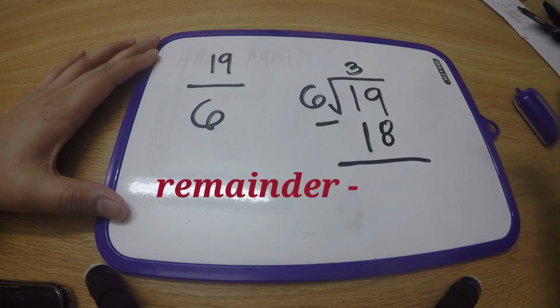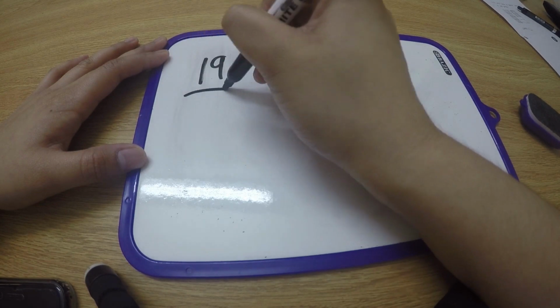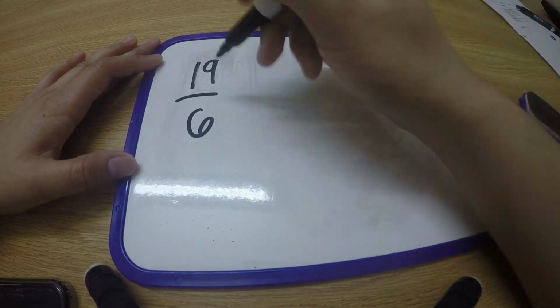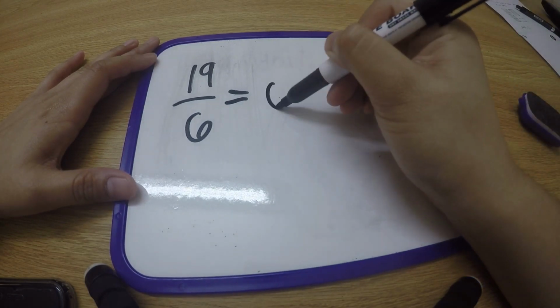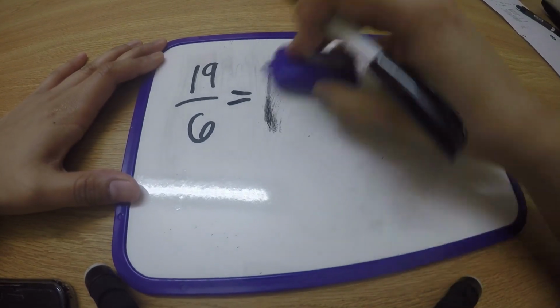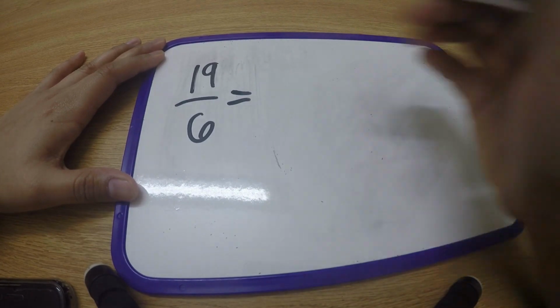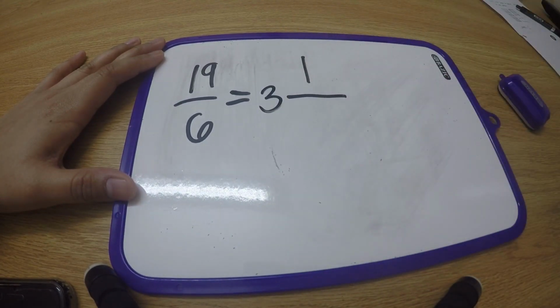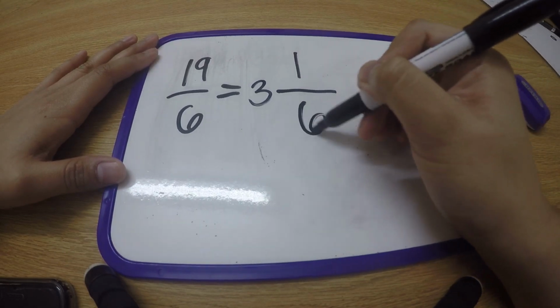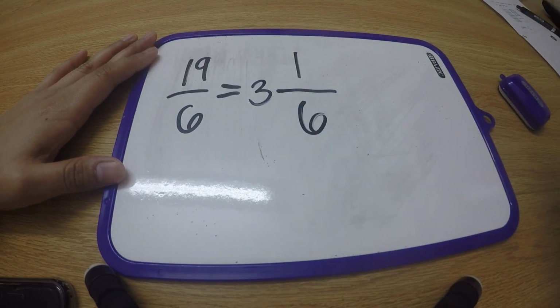And subtract. After finding the remainder, you write the quotient as a whole number, which is 3, and the remainder as your numerator, and the denominator stays the same. And that's it.